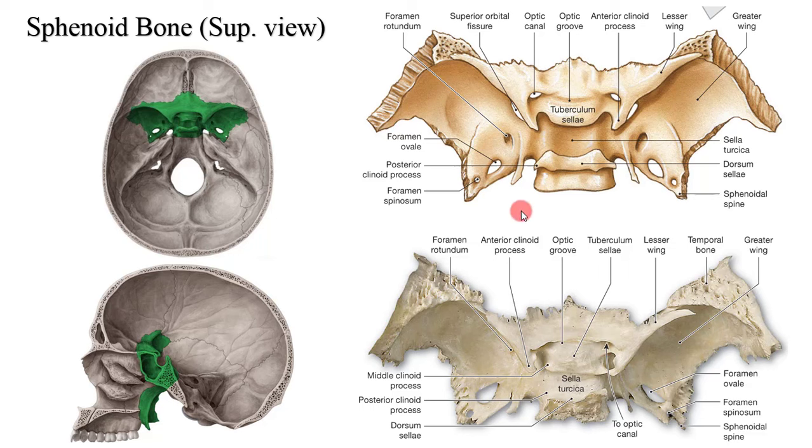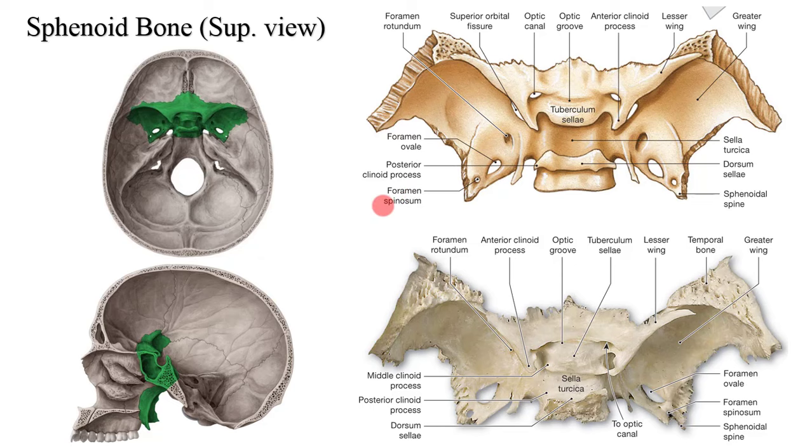On either side of the sella turcica, the foramen rotundum, the foramen ovale, and the foramen spinosum penetrate the greater wings of the sphenoid bone. These openings transmit blood vessels to the meninges around the brain and nerves to structures of the orbit, face, and jaws.